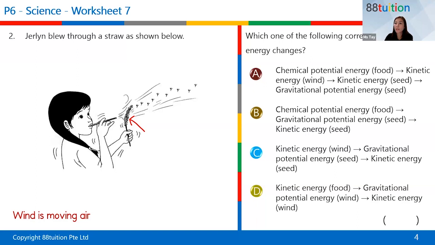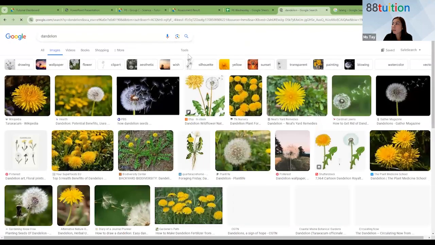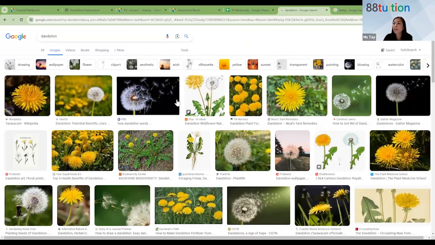Okay. Actually, it's not dandelion. If I show you what is dandelion, it's useful for you all to know this. If you're talking about dandelion, can you see? Dandelion looks like this. It's a round shape. Then when you blow, you have all these flying off.